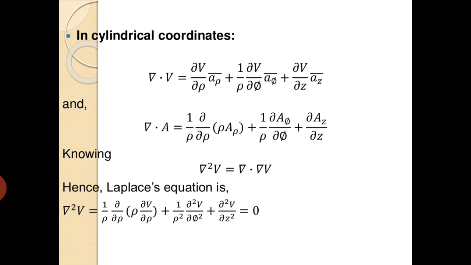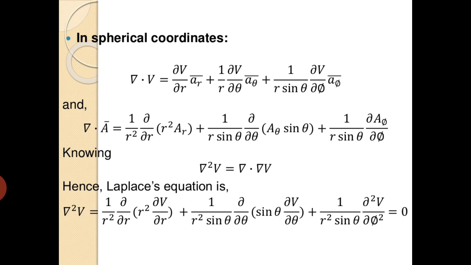Now next we see the Laplace equation for the spherical coordinate system, right? In the spherical coordinate system, the equation for potential is del v equal to dou v by dou r ar unit vector plus 1 upon r dou v by dou theta a theta unit vector plus 1 upon r sin theta dou v by dou phi a phi unit vector, where r, theta, phi are the varied parameters, right?